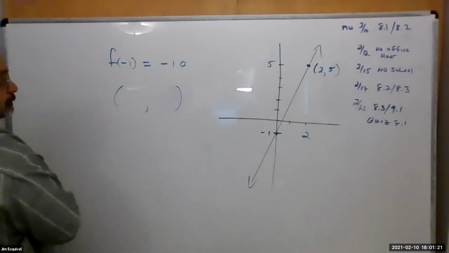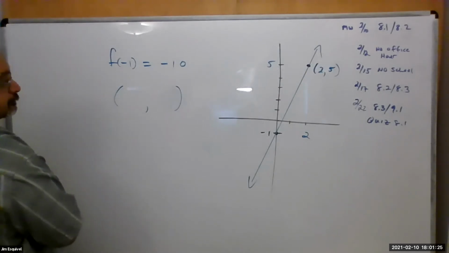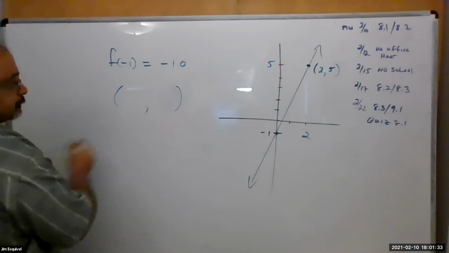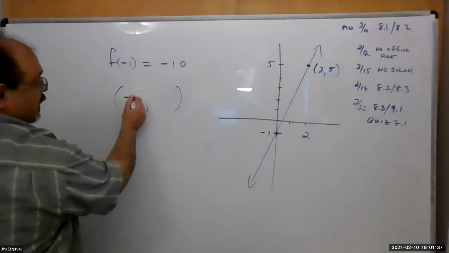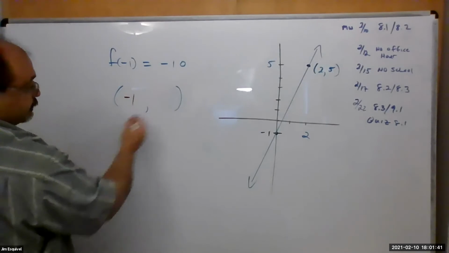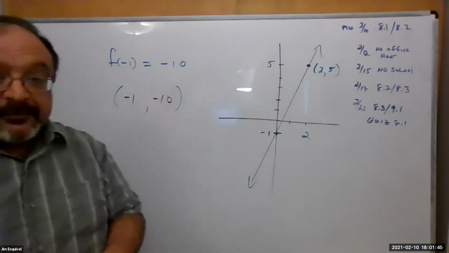What's the x? -1. What did we plug in? We plugged in -1. And what's the y that came out? -10. That's all. You don't even need the graph.